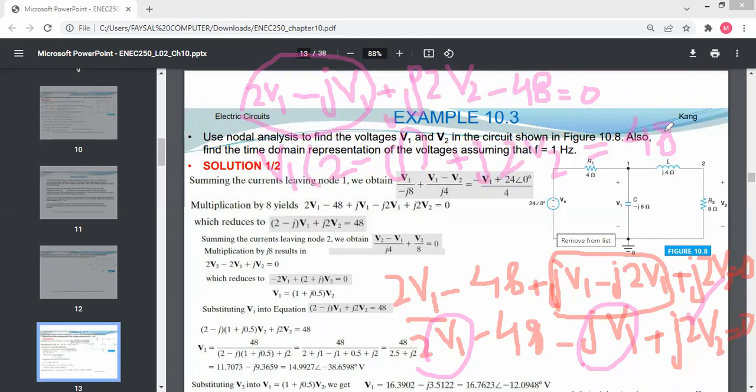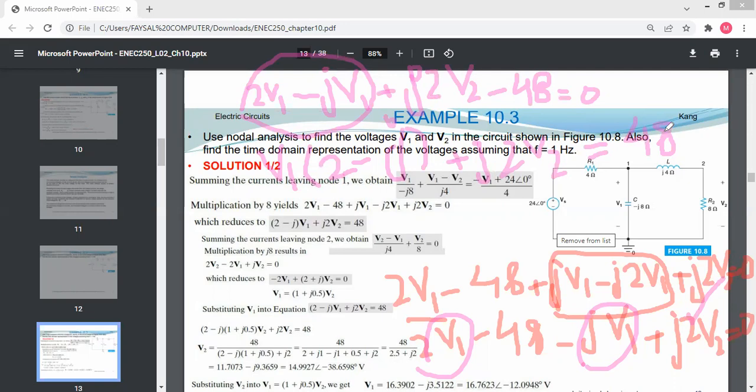So this is the complete value of v1 with respect to v2 and the constant parameter. So this value will be the completed equation for my node number one.